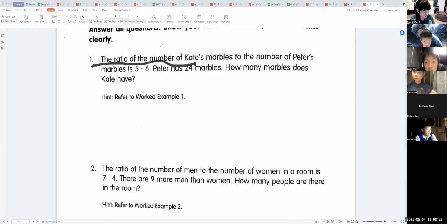I have received Richard's, but just the first one. Elaine, both of them, very good. Now I'm going to take a look at the first one.